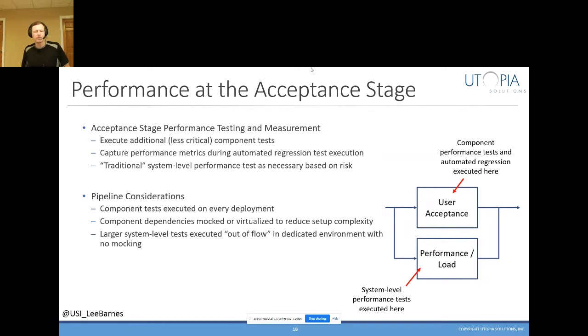Again, in this environment, we're going to have component level tests run on every deployment. Probably going to have our dependencies mocked to ensure that we can set the test up quickly and get fast feedback. For the out-of-line environment, again, more traditional performance tests.